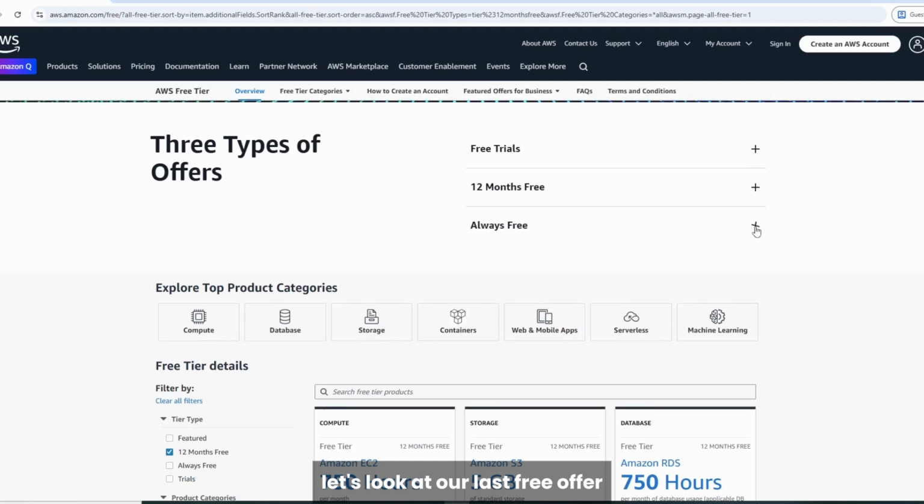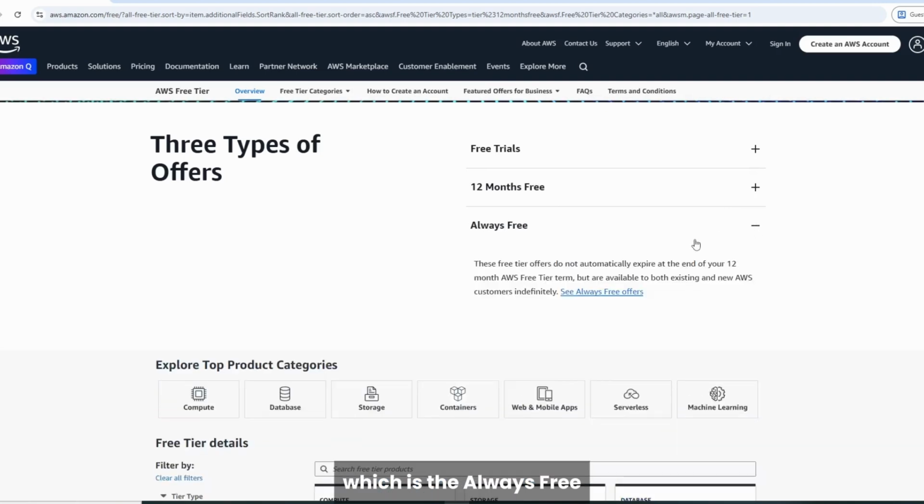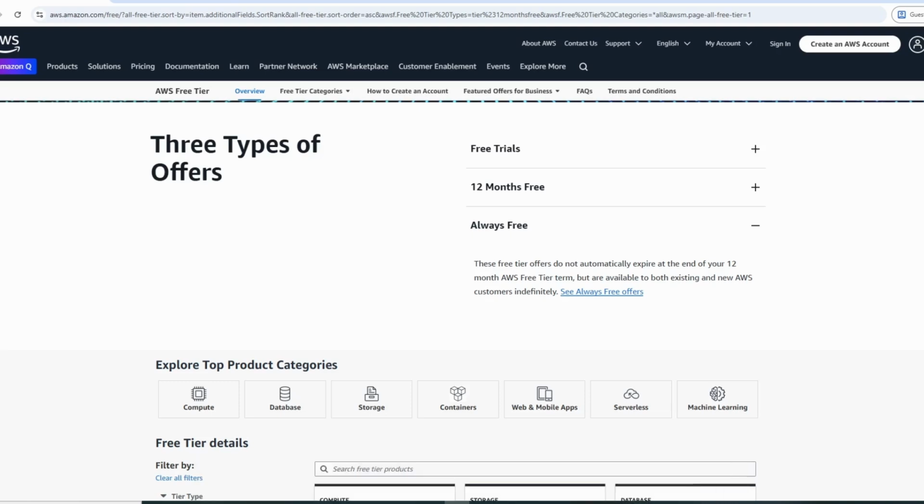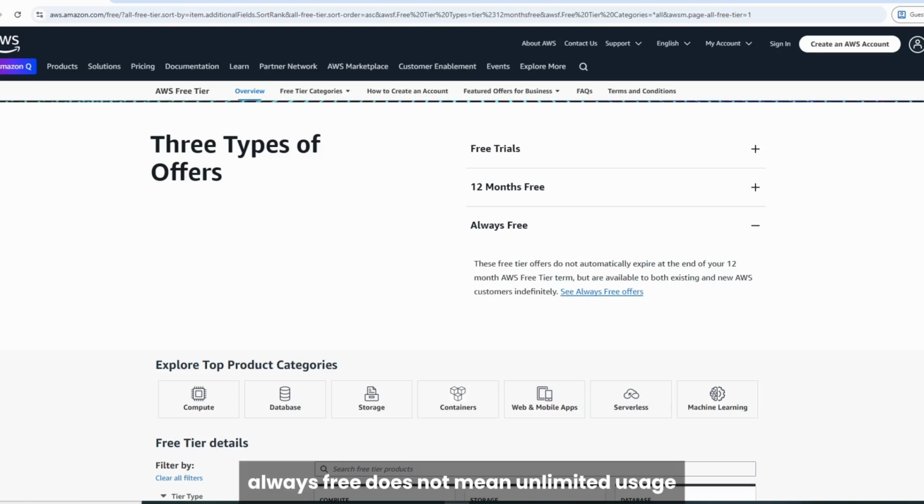Let's look at our last free offer, which is the always free. These offers do not automatically expire at the end of your 12-month free tier duration. What that means is that regardless of how long you've had your AWS account, the always free offers are available to you. But there is a key point to note. Always free does not mean unlimited usage.